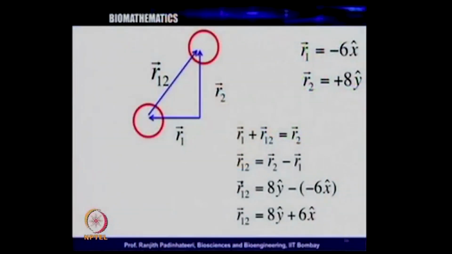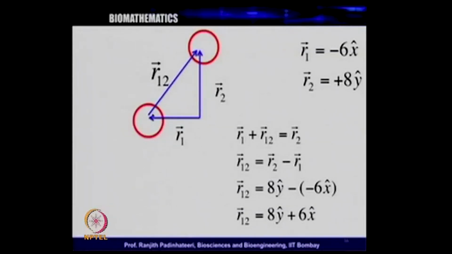So, have a look at this slide. R1 is the position of this charge, R2 is the position of this charge, and R12 is the position vector from the first charge to the second charge. Look at these arrows carefully. R1 is from here to here, R2 is from here to here, and R12 is from the first charge to the second charge.